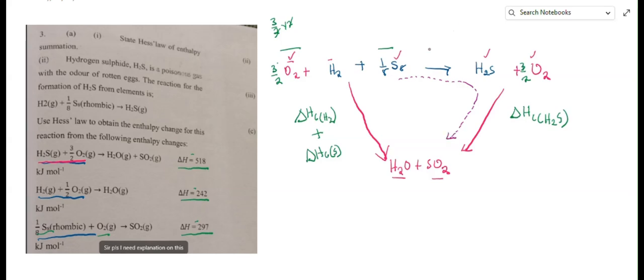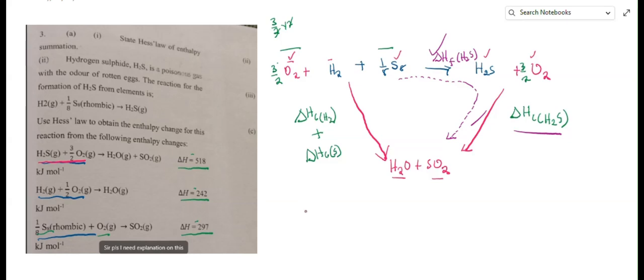So what we have here, which is the standard heat of formation of H₂S, that is what we are calculating, plus heat of combustion of H₂S will give us the heat of combustion of H₂ and heat of combustion of sulfur.